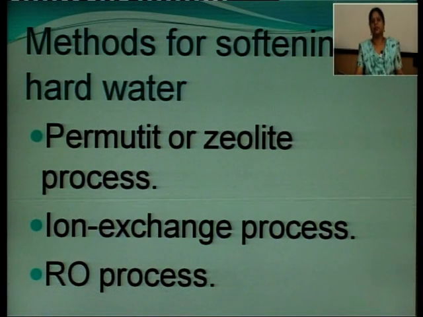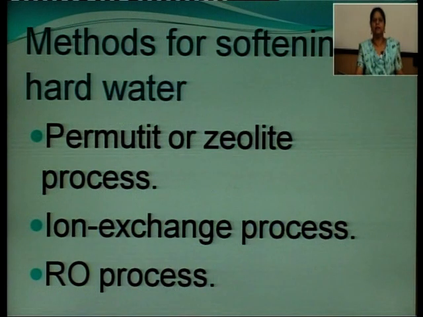Ion exchange process is also known as demineralization process, and reverse osmosis process is one of the methods for desalination of seawater, that is the removal of sodium chloride from the seawater to make it fit for human consumption as well as for industrial use also. Now, we will be discussing these three methods one by one.